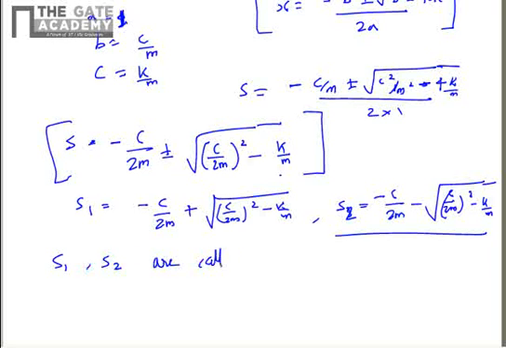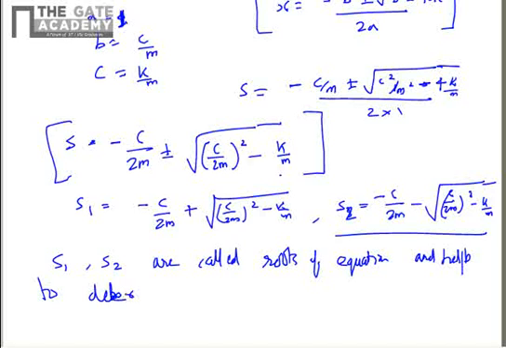So s1 and s2 are called roots of the equation and help to determine the characteristics, that is, the nature of the functions.